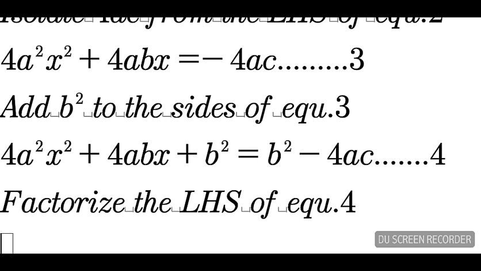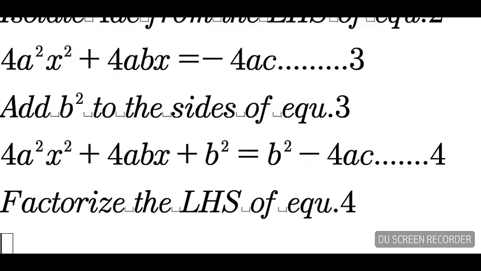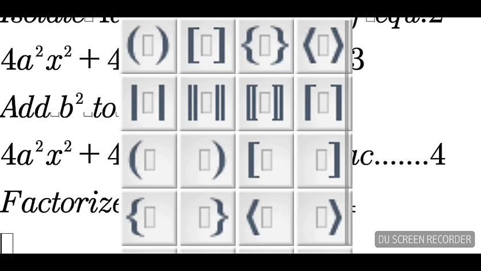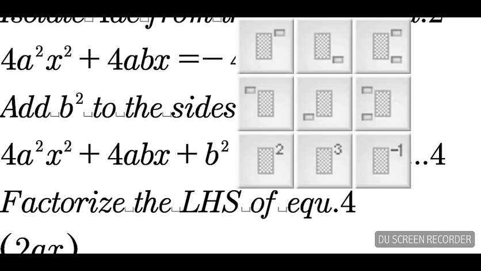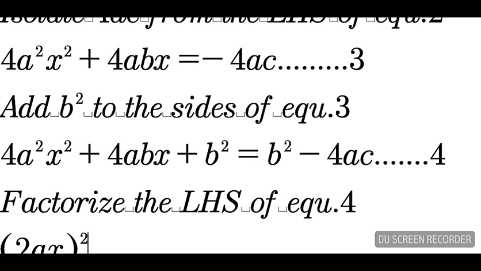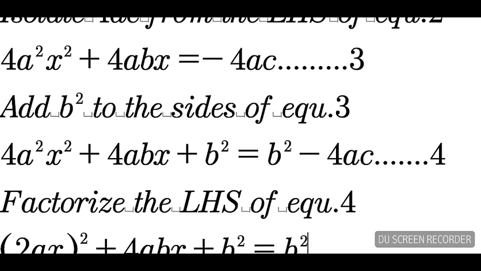Let us simplify this to have 2ax all squared plus 4abx plus b squared equal to b squared minus 4ac.